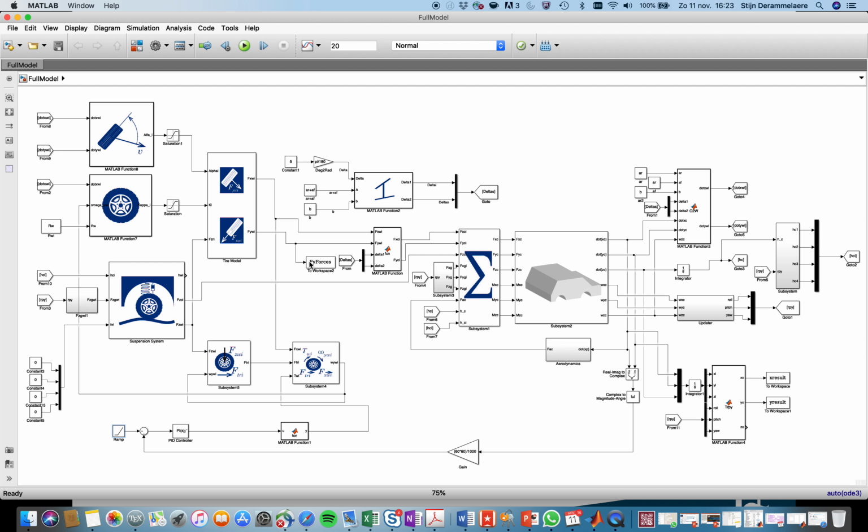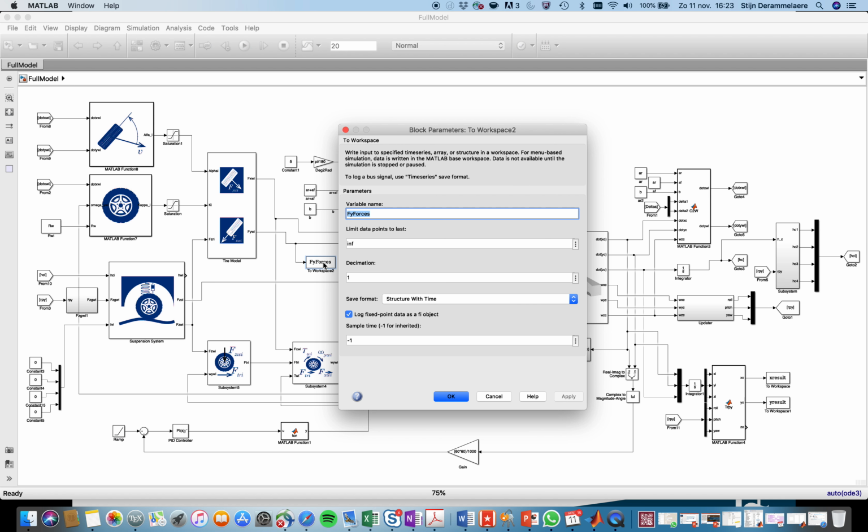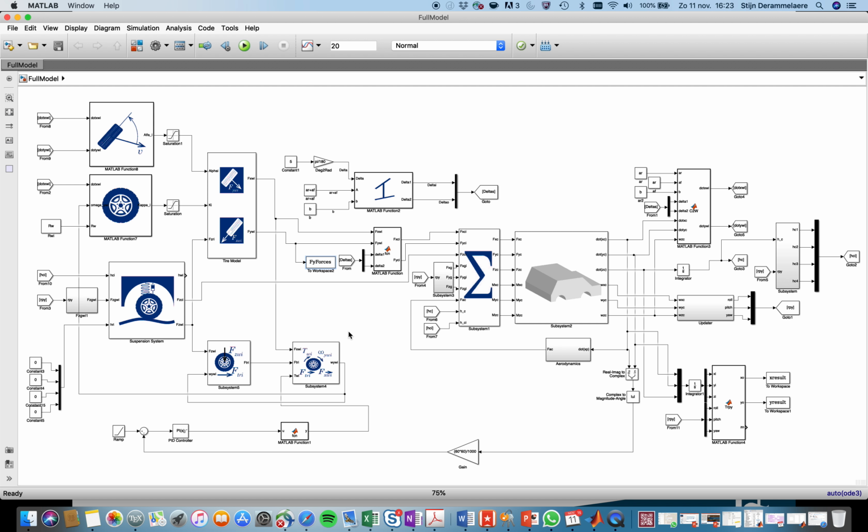So we also add here the block to save the y forces, Fy forces saved to the workspace with the structure with time format. On the other hand, it is especially interesting to track the turning behavior as the speed increases.